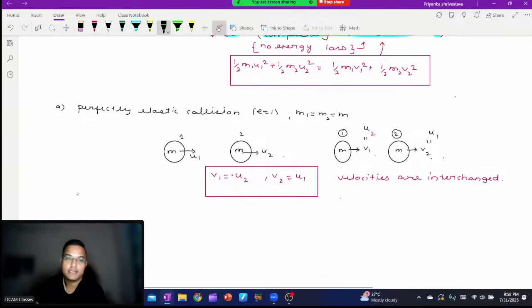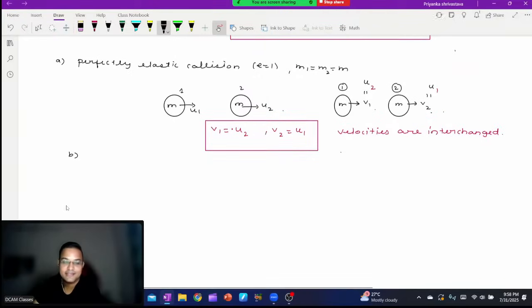Now quickly give me one more result, then we'll stop. I'll give you one question for homework. Anyway, you are not going to solve it. I'll give you in the next class. Few questions we'll solve in the next class, then we'll start the new chapter, center of mass and all. Perfectly inelastic collision.